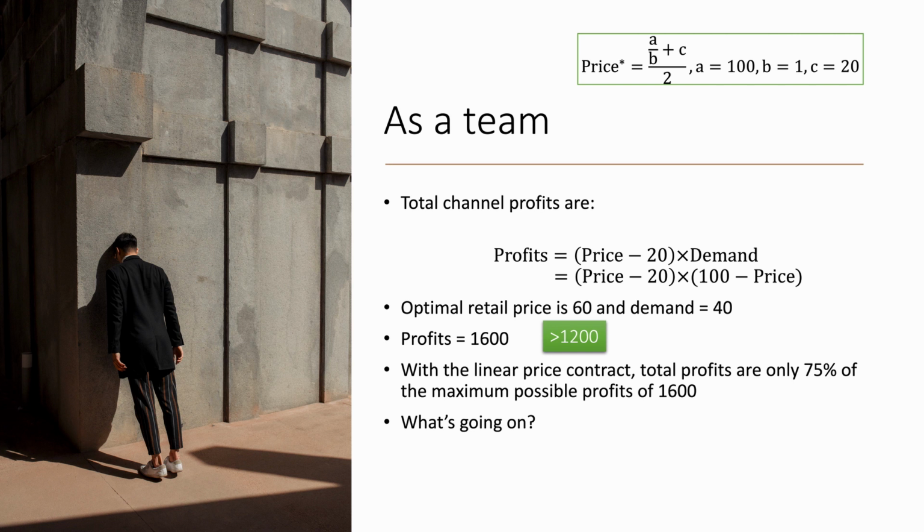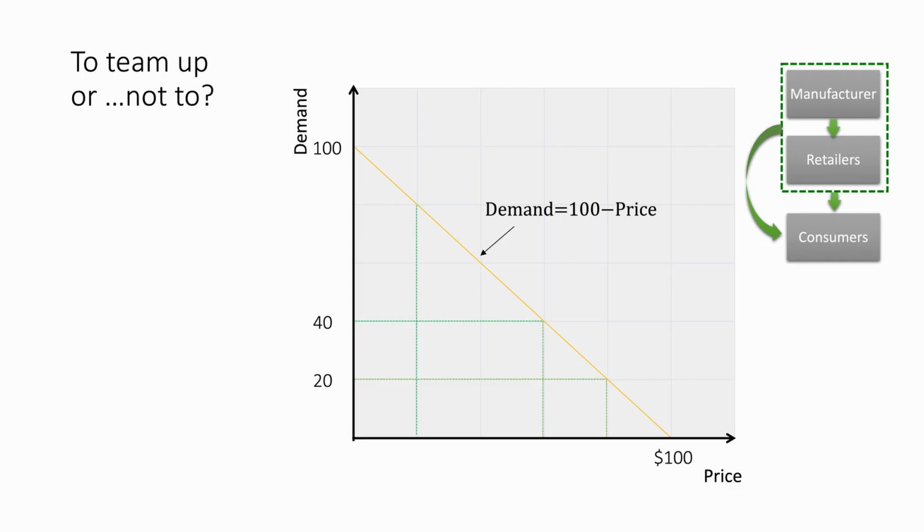What has happened? Here is a comparison using illustrations. The two conditions we're comparing are when the variable cost is 20 and the optimal price of the manufacturer and retailer's team is $60. That profit, 1600, is the area of the green square.